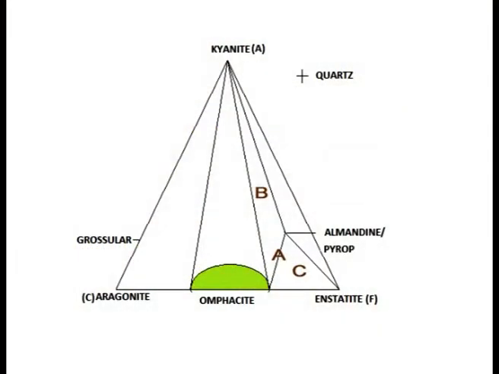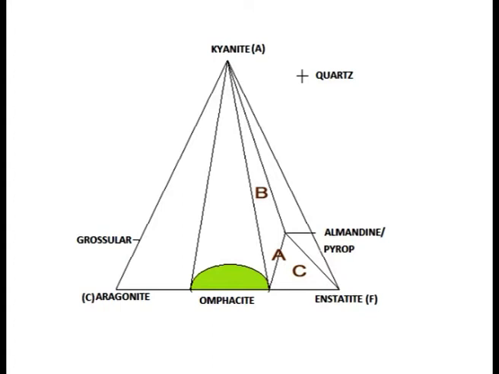If you see the triangular ACF diagram on the screen, we can observe all three categories, that is group A, B and C, on the basis of different tie lines, that is omphacite garnet, kyanite and omphacite garnet anorthite.